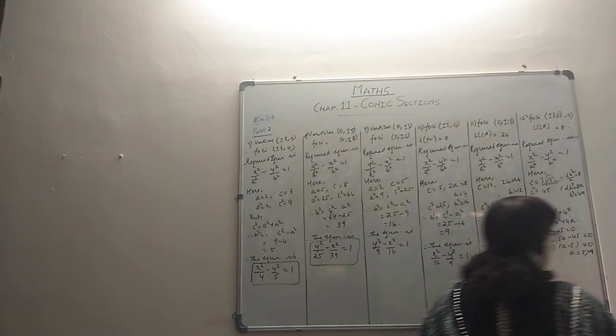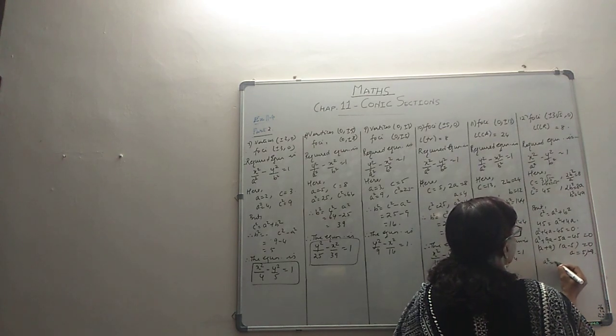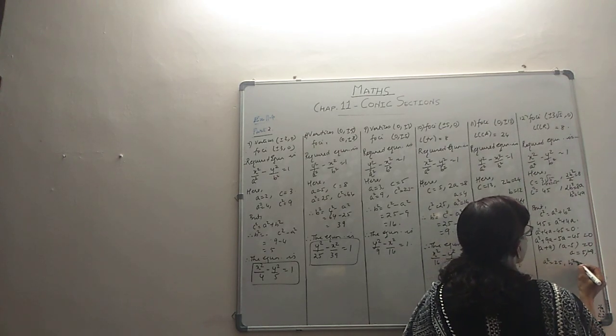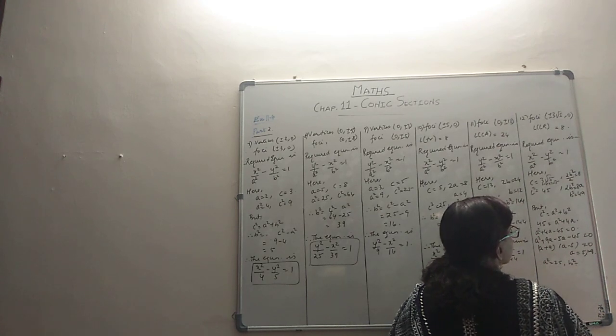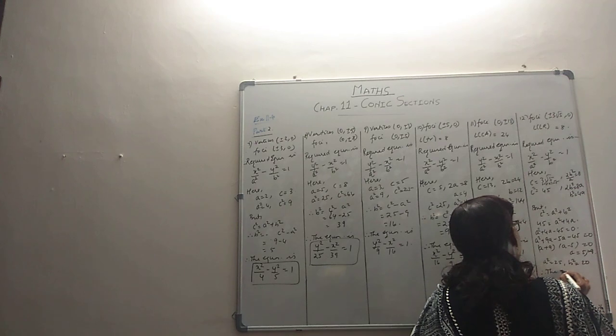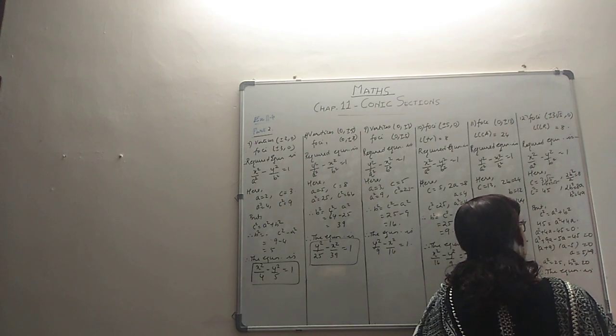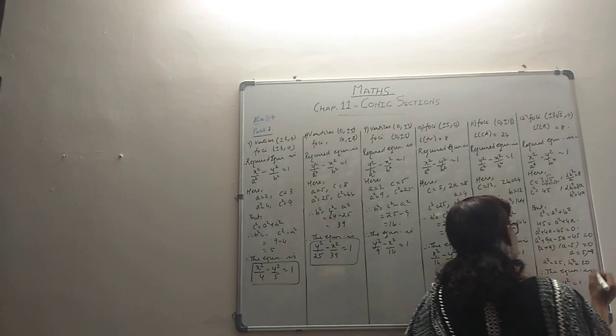So for a equal to 5, a squared is 25, and how about b squared? It is 4 into a, which is 20. So therefore the equation is x squared by a squared 25 minus y squared by b squared 20 equal to 1.